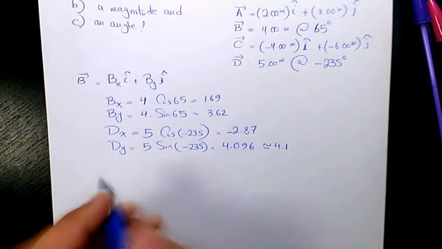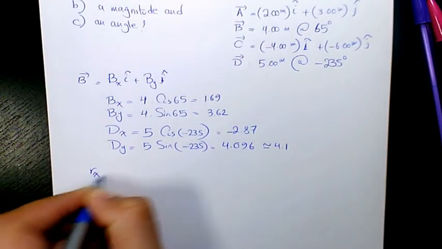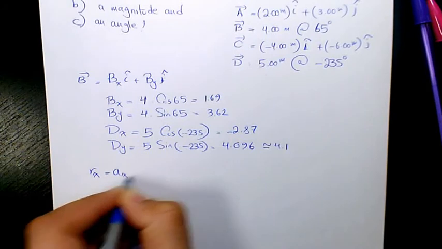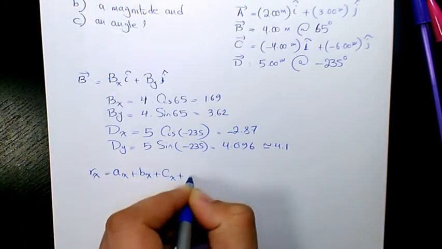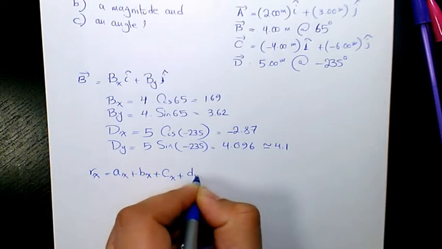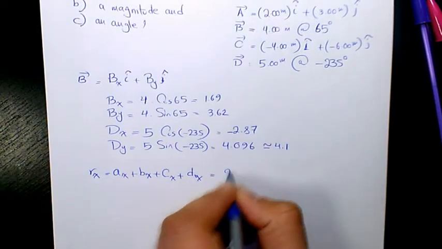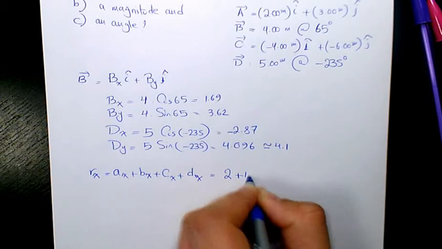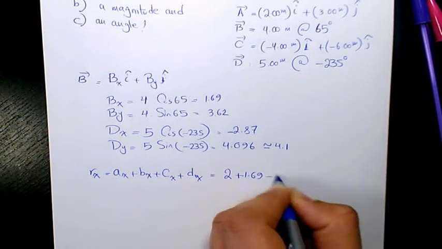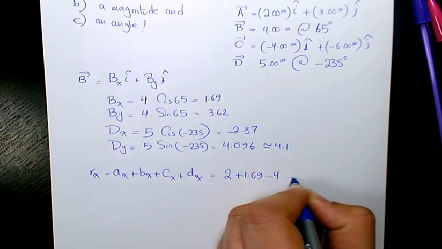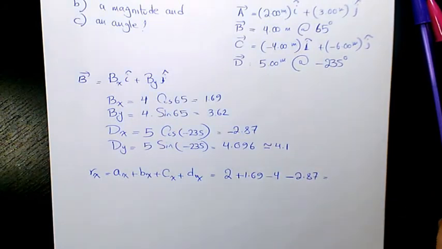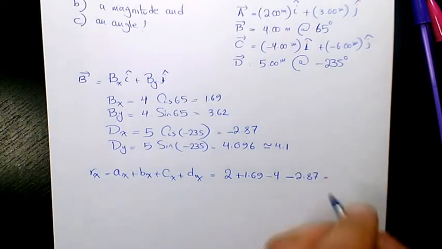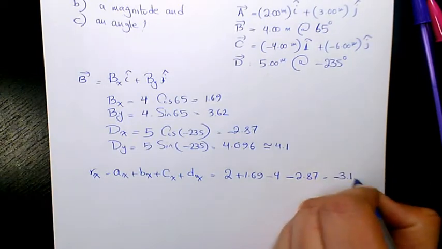So now the sum is going to be, let's say Rx equals Ax plus Bx plus Cx plus Dx. It's going to be 2 plus 1.69 minus 4 minus 2.87. That's going to be negative 3.18.